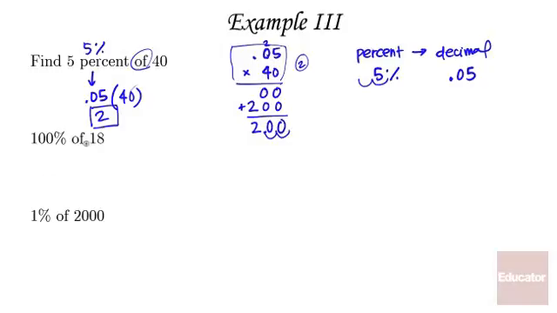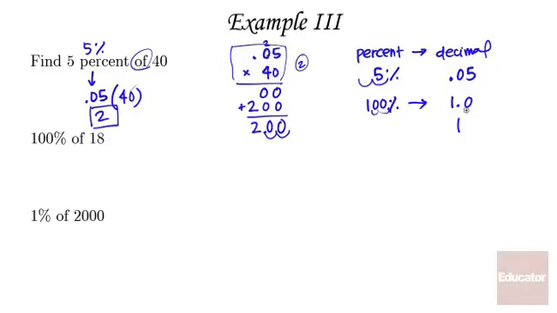Now, if you want to just solve it out, 100% into a decimal is going to be 1.0. Remember, this is the same thing as 1. Even though you don't see a decimal here, numbers always have a decimal point. If you don't see it, if it's invisible, it's always at the end.